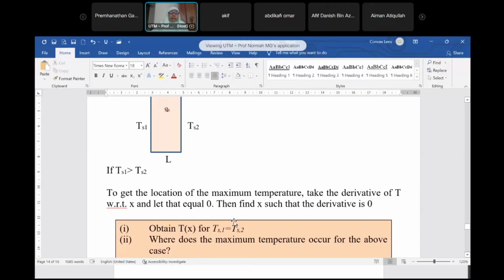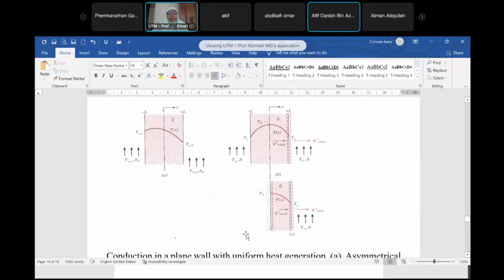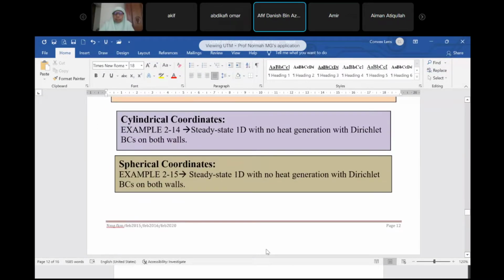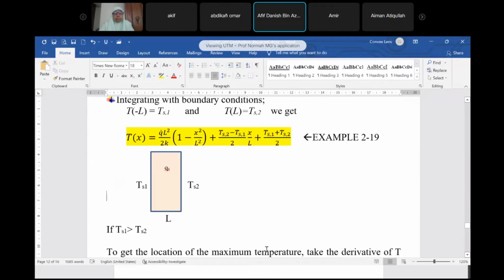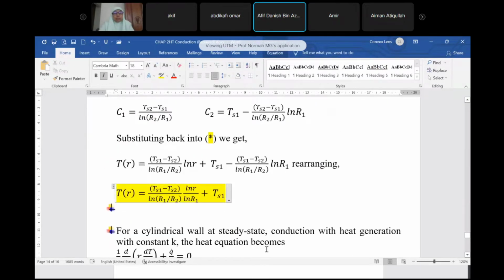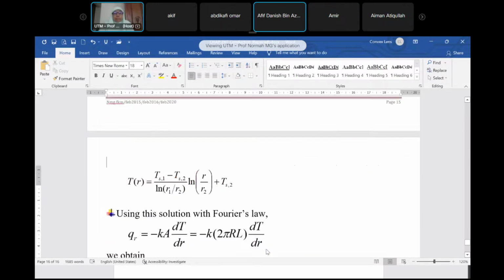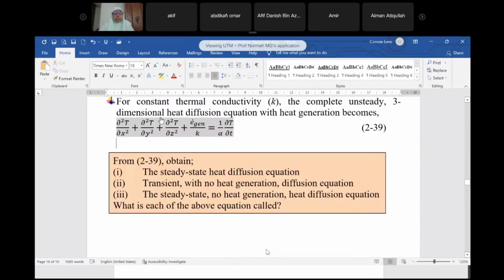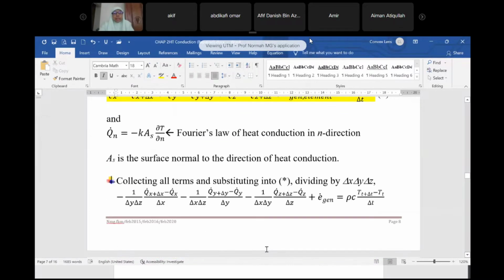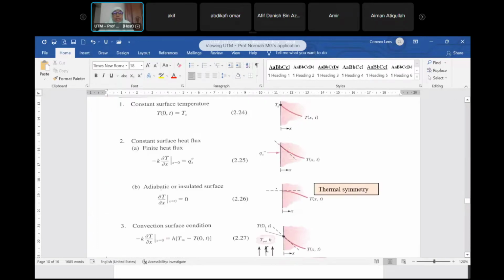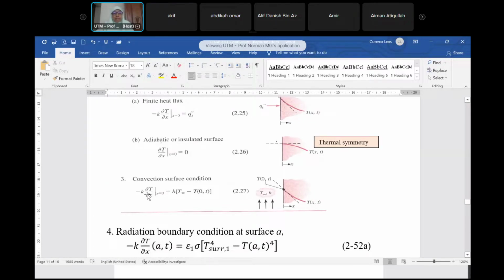So you have to go back. Where is the boundary condition? Oh, there. Convection. That's boundary condition number 3: minus k dT/dx is equal to that.